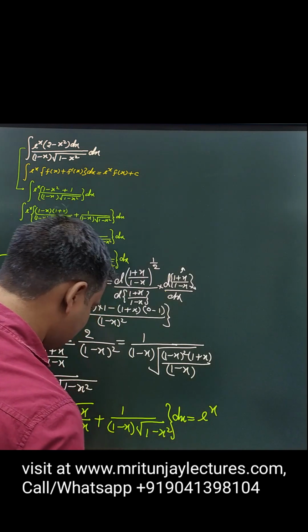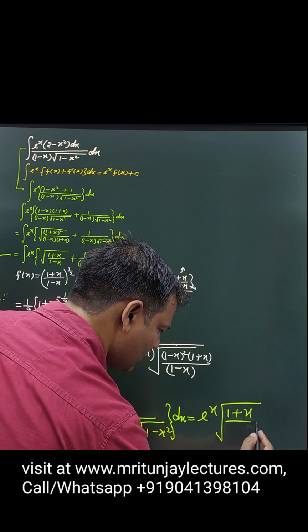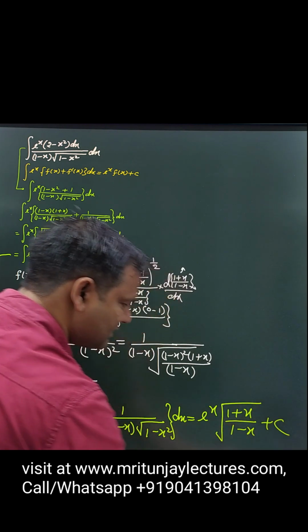So e to the power x into under root of (1 plus x upon 1 minus x) plus c is the right answer.